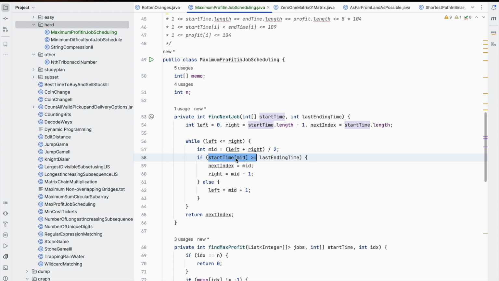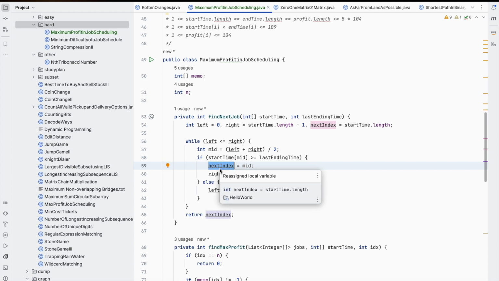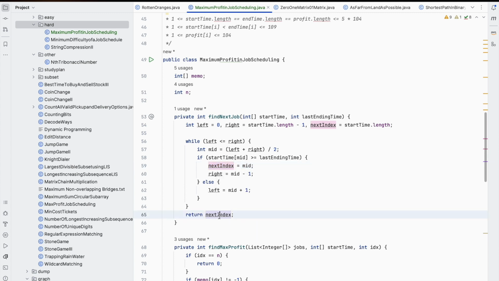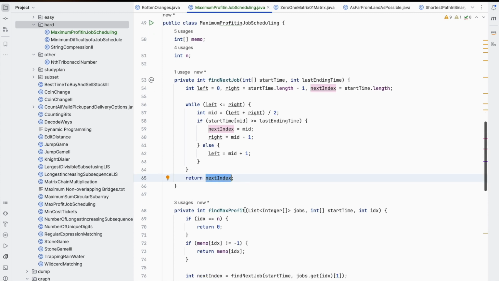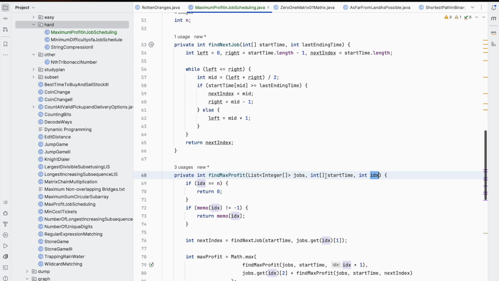If the start time of mid is greater than or equal to the last index, it means this can be the candidate answer. We will capture that mid value and keep on searching on the left side until we find the last candidate. So ultimately this next index will store the first job which we can pick after calculating the idx job.